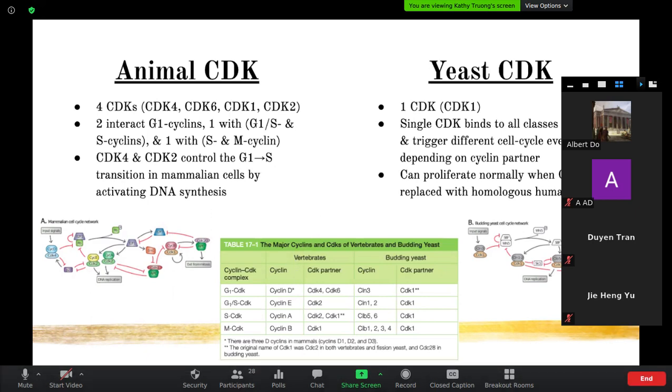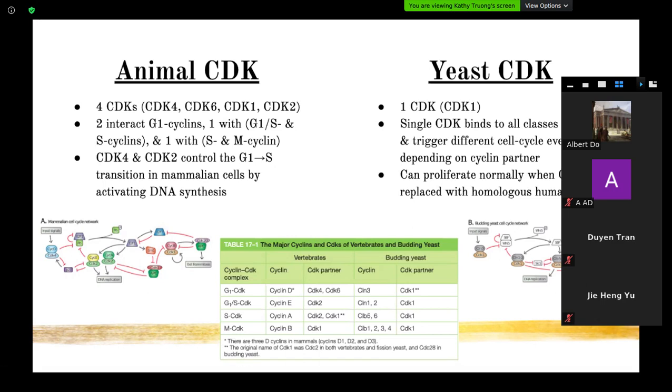Could you repeat your question? Well, I was wondering if you either restrict those enzymes, CDK4 or CDK2, or mutate them somehow so that they don't maintain their function to control the G1 to S phase, what would happen to the DNA synthesis?